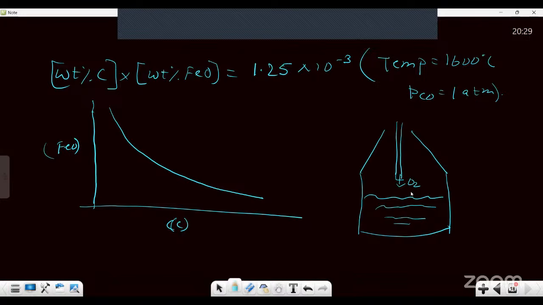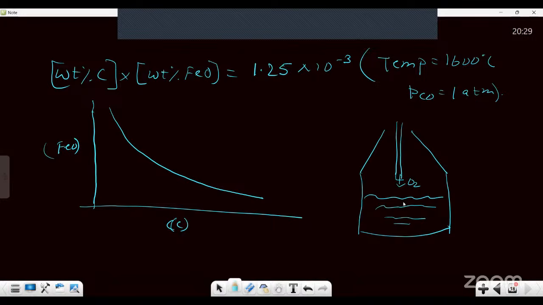When the metals are getting oxidized and converted to metal oxides, that will definitely increase the temperature of the system, because most of the oxidation reactions are exothermic. We have seen them.